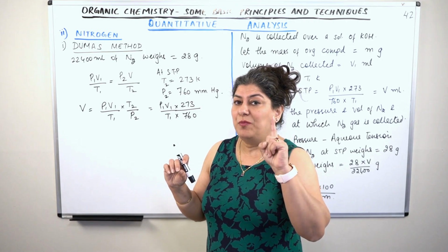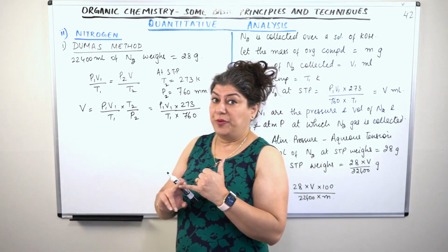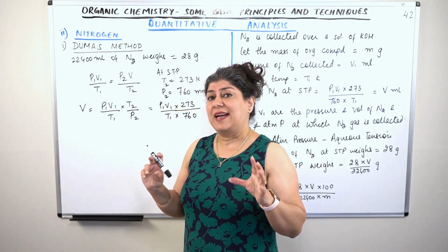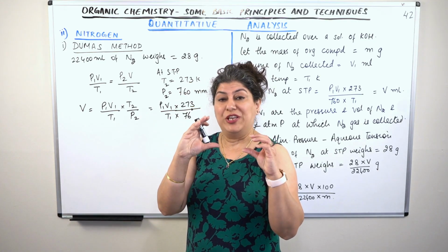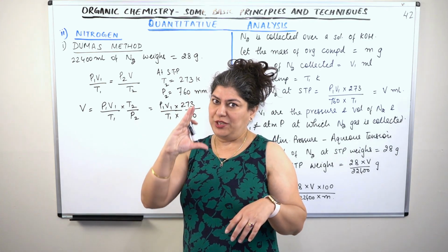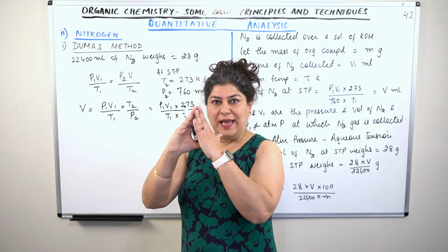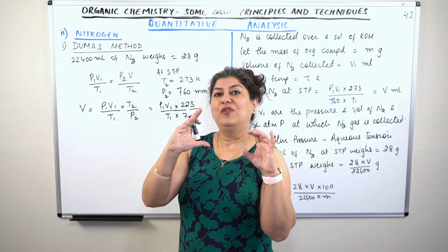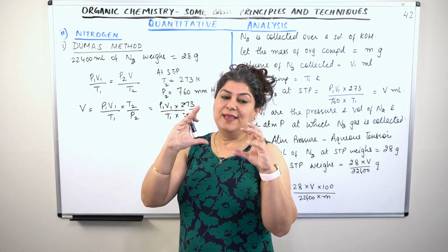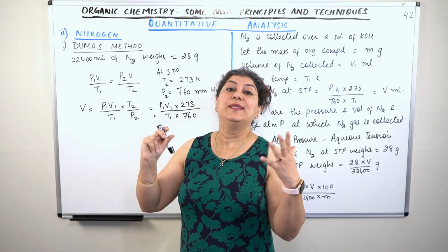According to Dalton's law of partial pressures, P1 is the sum of the pressure of nitrogen and the pressure of moisture present. So to know the pressure of nitrogen, you calculate the atmospheric pressure minus the pressure of moisture. And this pressure of moisture is known as aqueous tension.